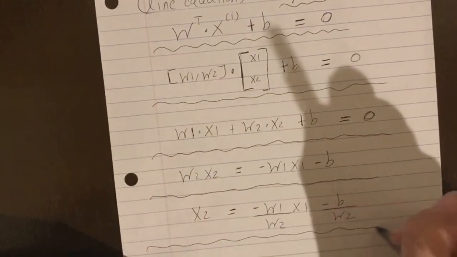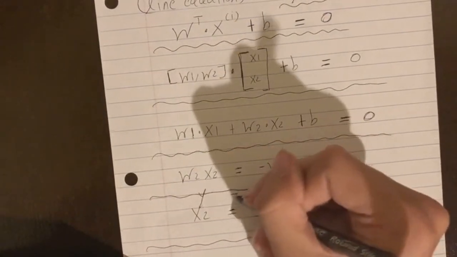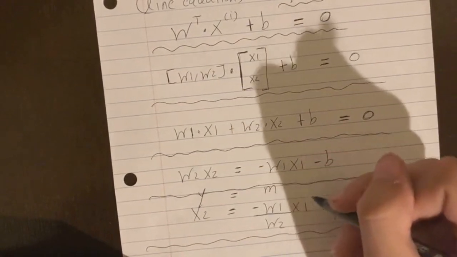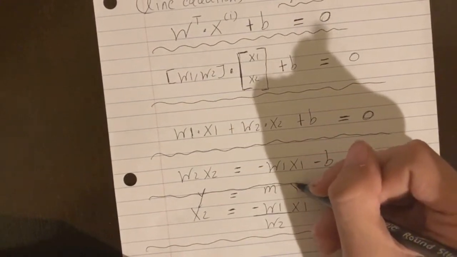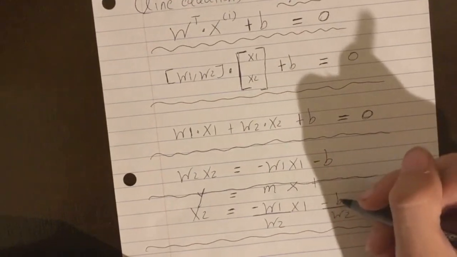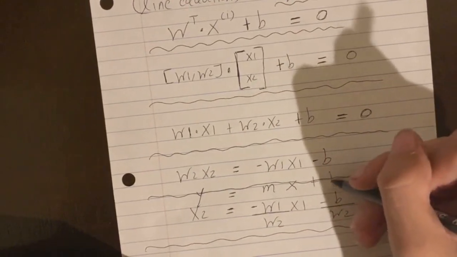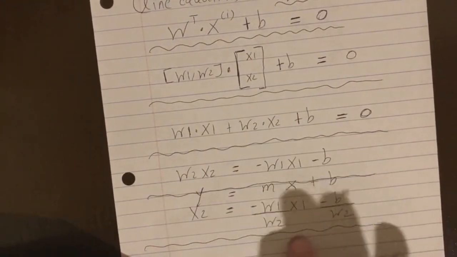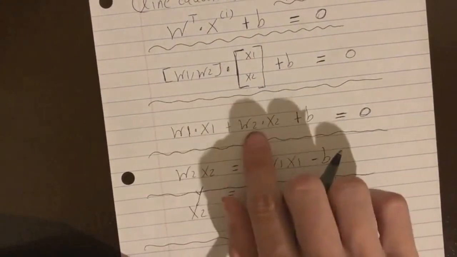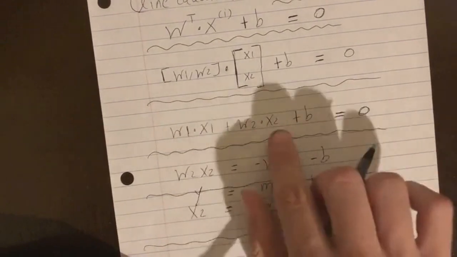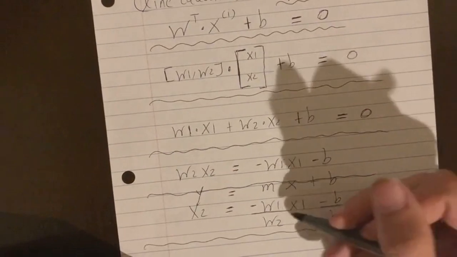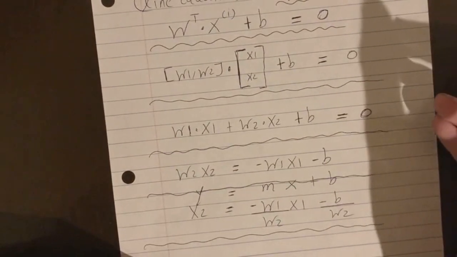This is like y equals mx plus b, where negative W1 over W2 is your m, X1 is your x, and negative b over W2 is your intercept. The signs don't really matter here, because W1 and W2 can be negative.